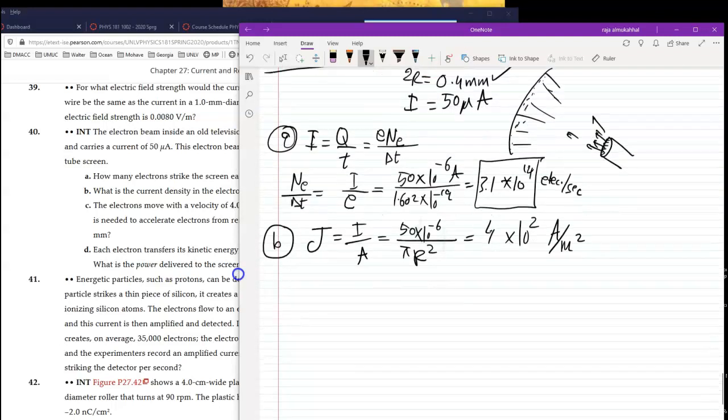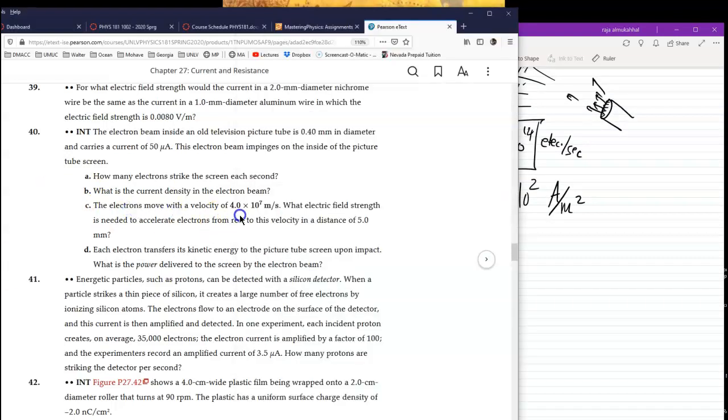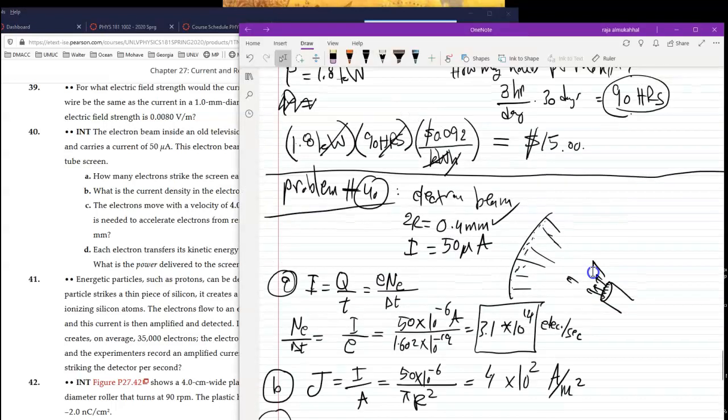Easy? All right. And then part C, he says, the electrons move with velocity 4 times 10 to the 7. Now, this is definitely not the drift velocity. Remember, drift velocity is only for electrons moving through a wire. These electrons are moving through the vacuum tube, from here to here, so they're moving with a very large velocity v.